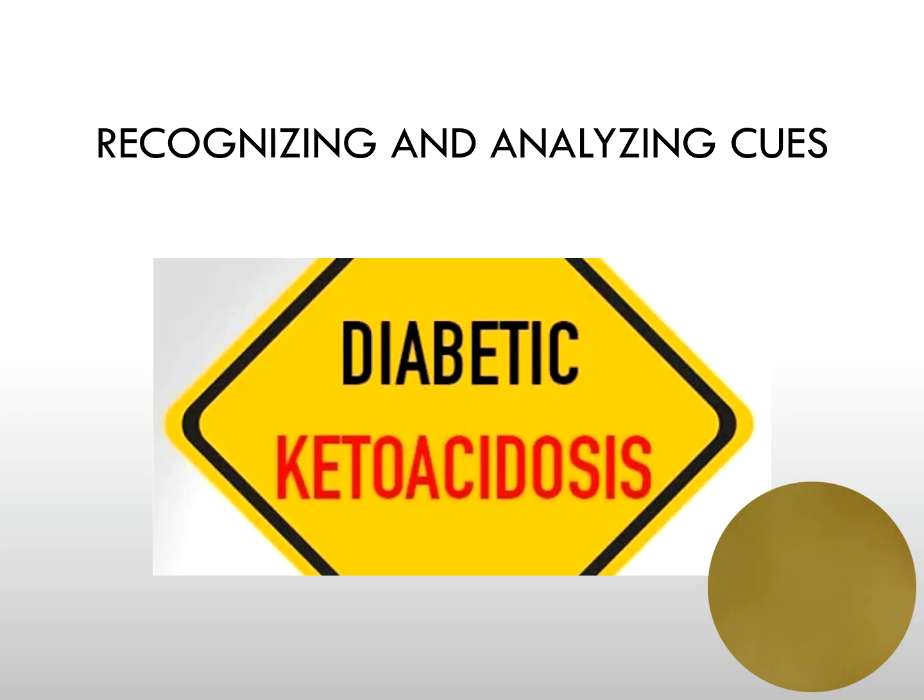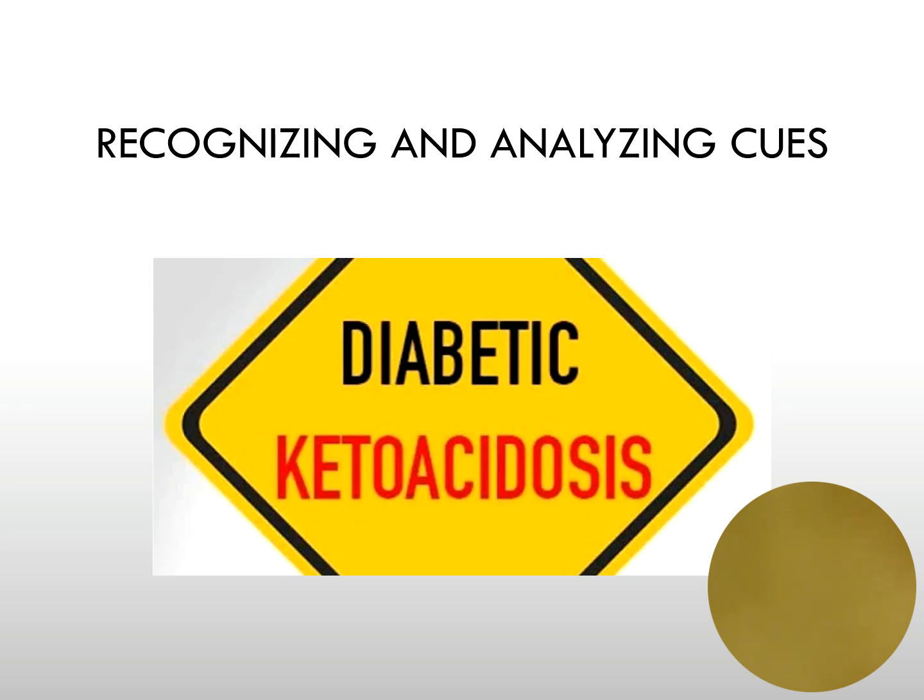Again, the Kussmaul respirations can lead to respiratory alkalosis as the body tries to correct that metabolic acidosis by exhaling carbon dioxide, which is an acid. Initially, serum sodium levels might be low or normal. DKA has a sudden onset.